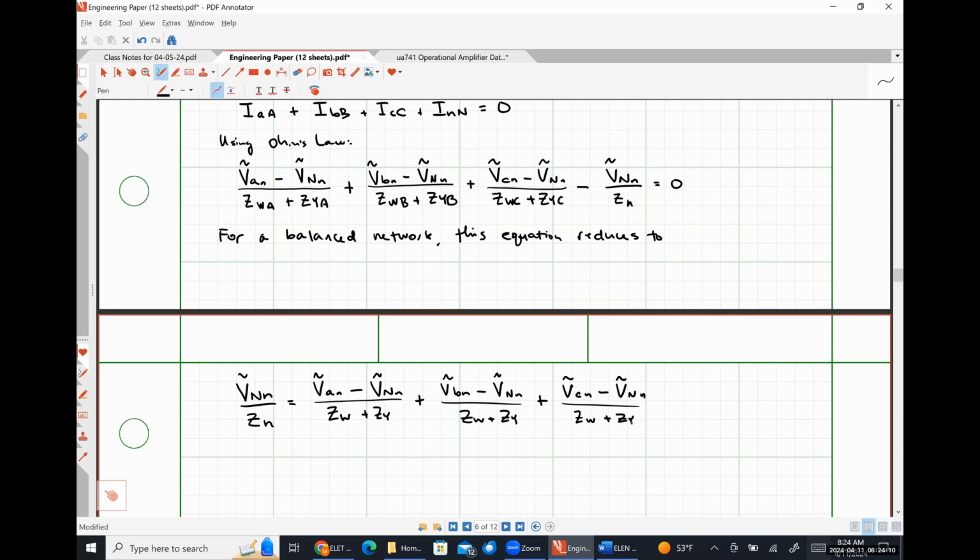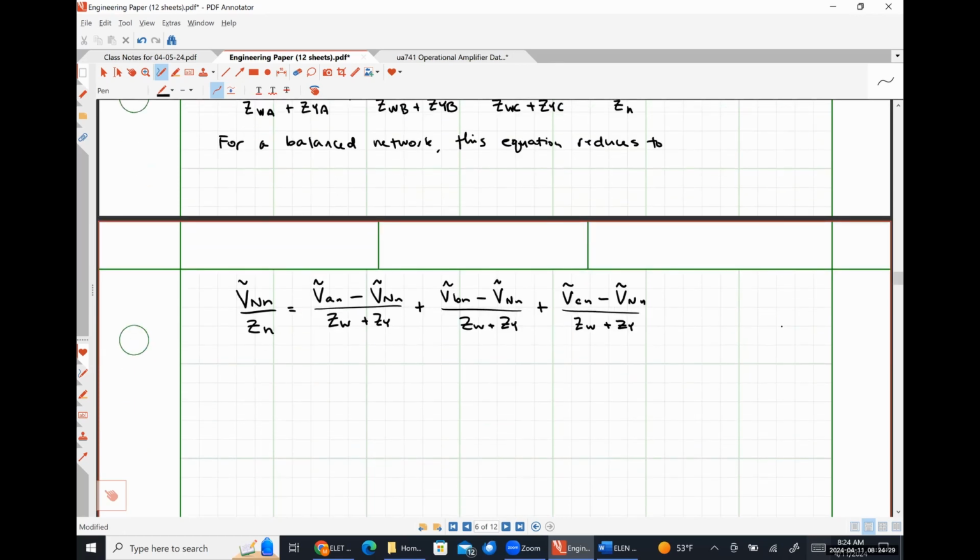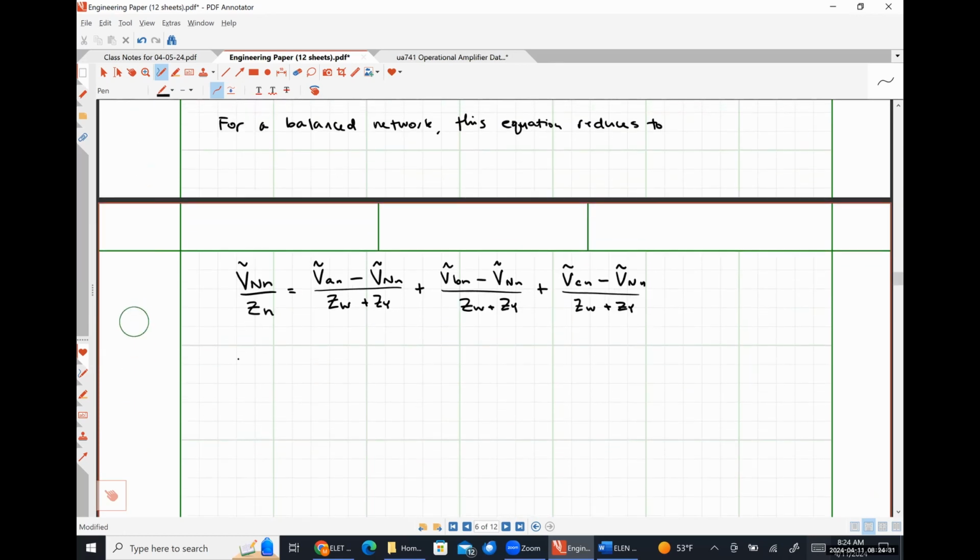So what I'm going to do is keep all of my phase voltage terms on the right-hand side of the equal sign, and move all of that voltage drop across the neutral conductor terms over to the left-hand side of the equal sign. And so what that's going to give me is this relationship.